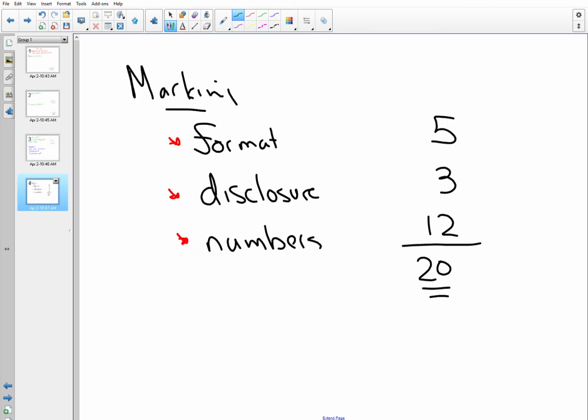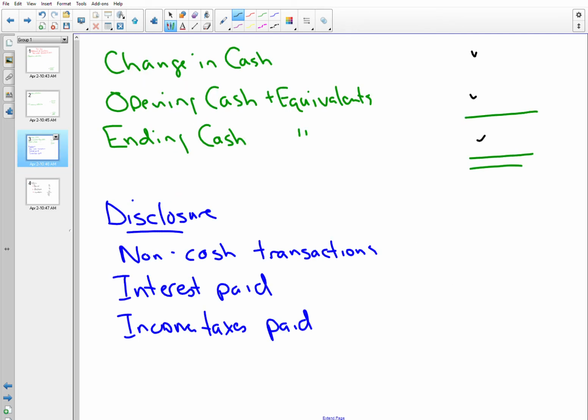There'll also be marks for disclosure. Don't forget to do disclosure. It's probably the most common mark deduction in prior years. Cash flow statements require this disclosure. Significant non-cash transactions. So again, a typical example would be a capital lease, or maybe a stock dividend, or on the assignment we sold some land and took back a note rather than getting paid.